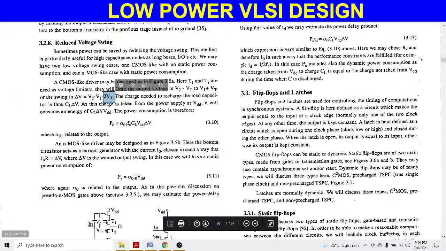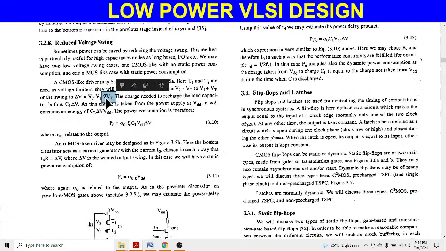If we do not connect these two transistors here, the overall swing voltage will be V2 minus V1. But if we connect these two transistors T1 and T2, this voltage swing will be reduced by a factor of 2Vt. Okay, so we know that when this voltage swing is reduced, automatically the power dissipation will be reduced.